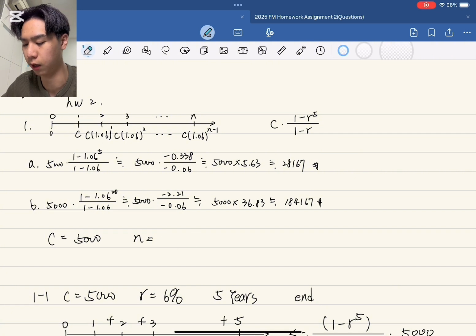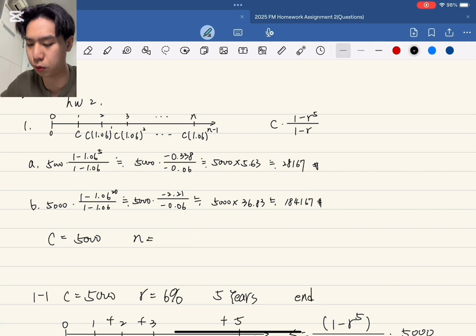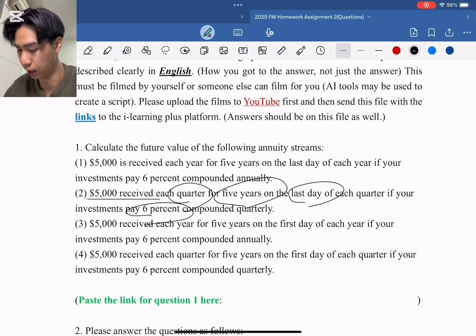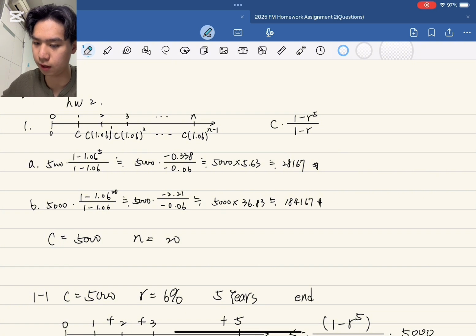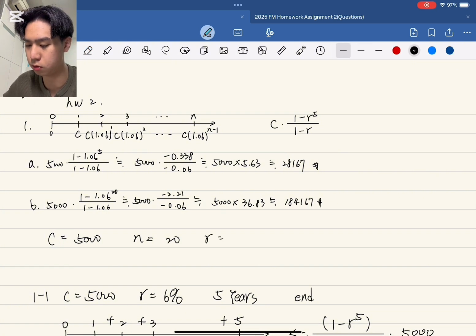So we can receive the money 20 times. Next, 5 years, 4 quarters, 20 times. As usual, the interest rate equals 6%.